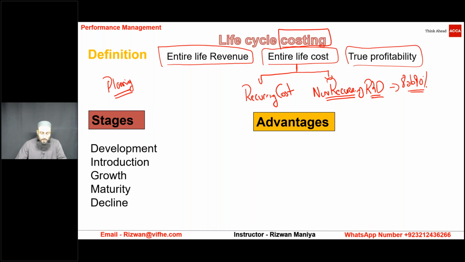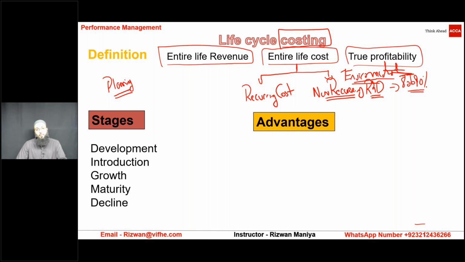I would like to add one more thing here, and that is that environmental cost is also part of this. Now, what is environmental cost? Like your decommissioning cost. Decommissioning cost means that when the product life cycle ends, you need to incur a decommissioning cost. For example, you took a piece of land, a place, and you have that place for 3 years, and you're producing a certain product there.